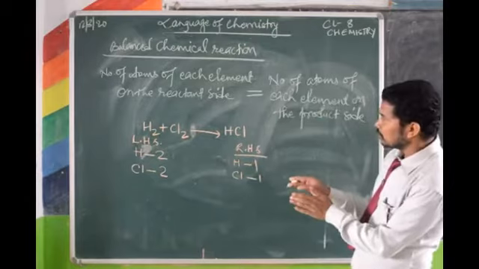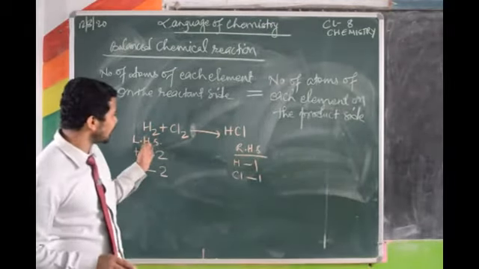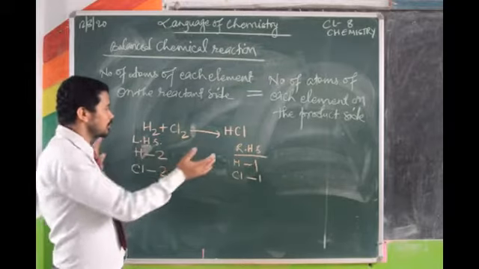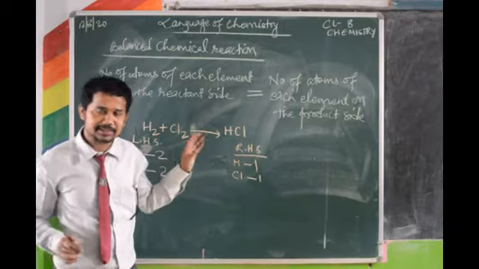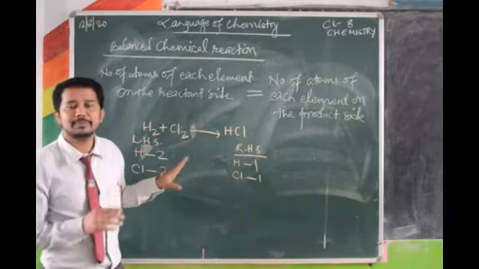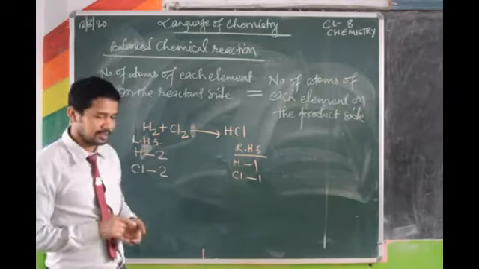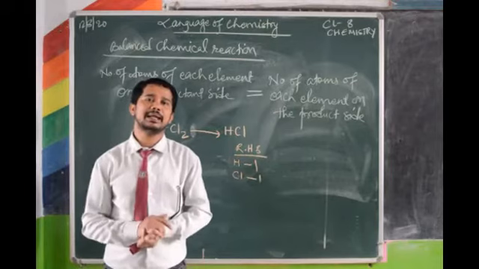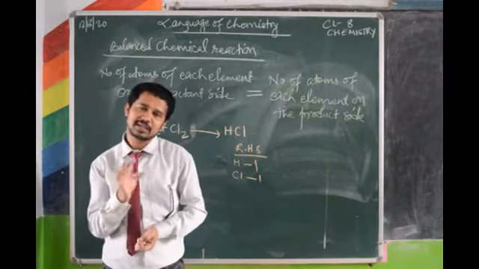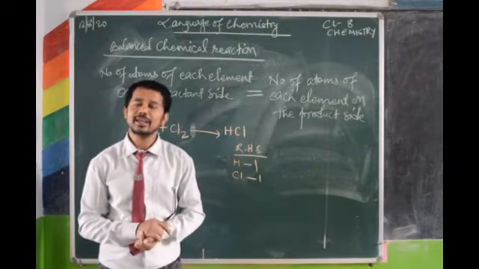Now, in order to follow the law of conservation of mass, whenever we write the direct symbols and formulae only, it will not be balanced. That means we need to balance this equation. Now, I think you understood what is the need for balancing a chemical equation and what type of equation we can say is a balanced chemical equation.